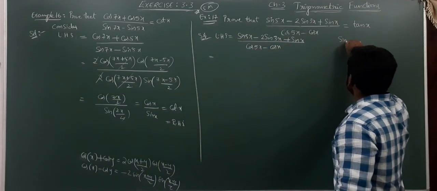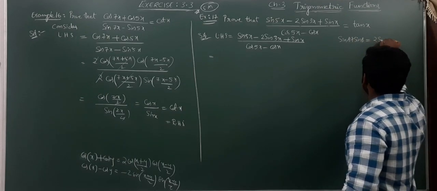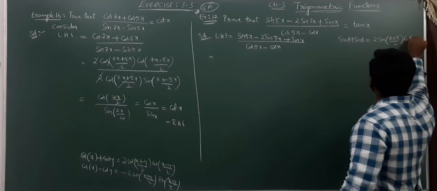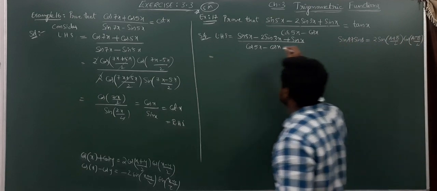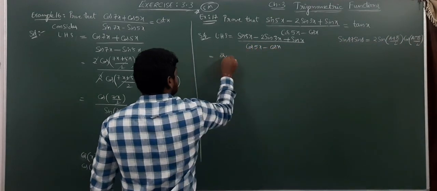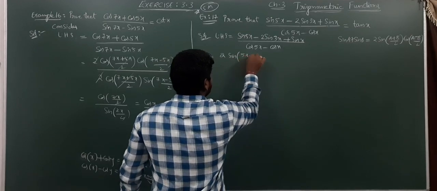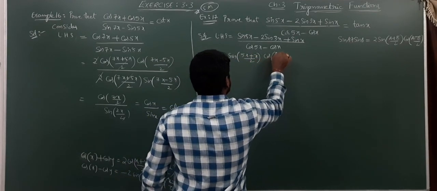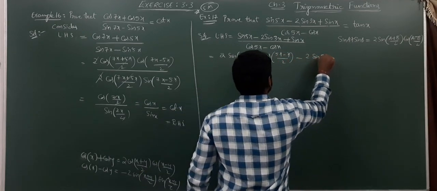What is sin a plus sin b? 2 sin of a plus b by 2 and cos of a minus b by 2. Please be thorough with the formulas. So this will be 2 sin of 5x plus x by 2 into cos of 5x minus x by 2, minus 2 sin 3x.